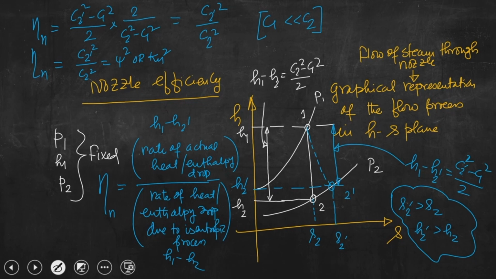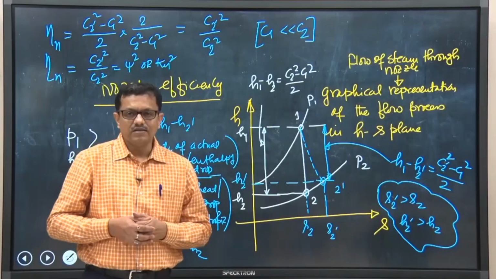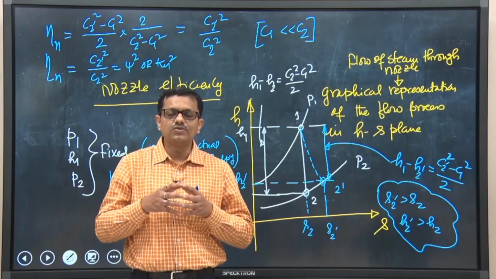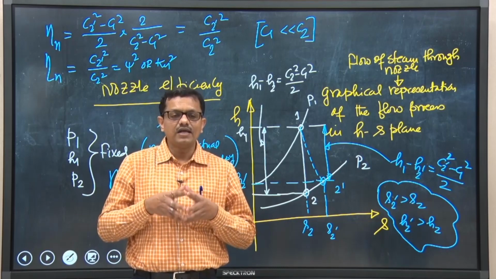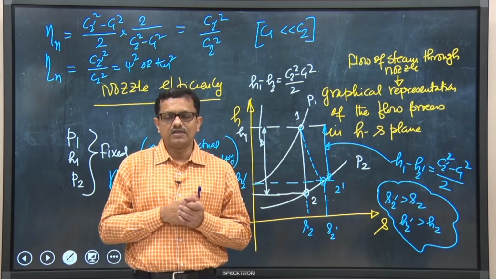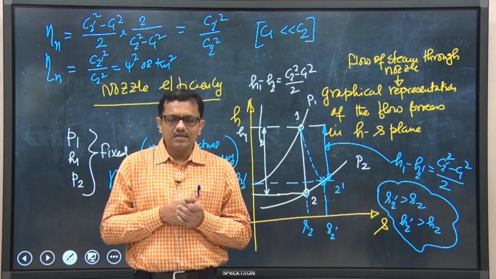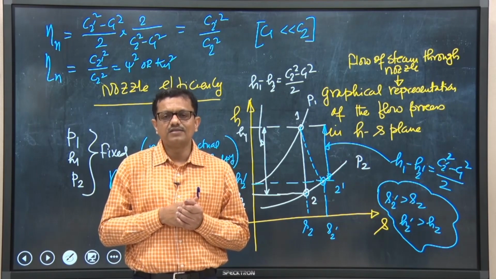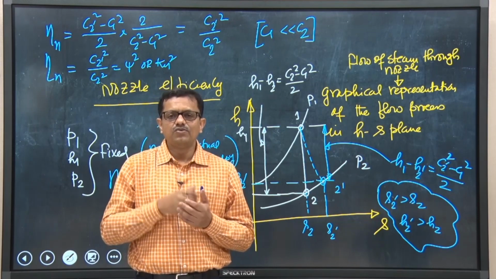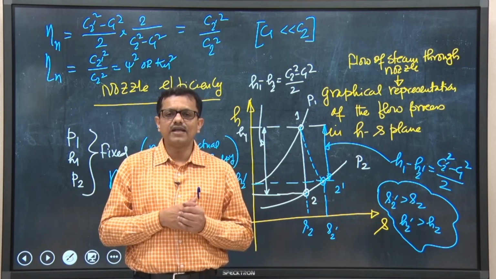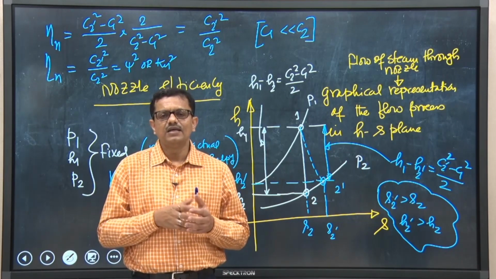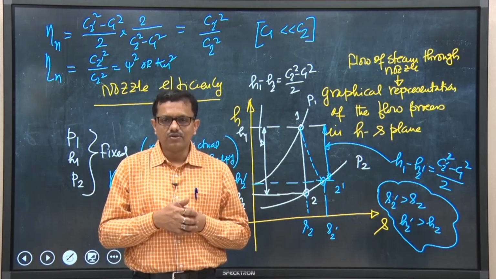So, if we try to summarize today's discussion, we have discussed nozzle efficiency. First, we discussed why this particular aspect comes into the picture. Since the nozzle is a mechanical device with a flow of steam, to model the flow we had assumed that the process can be described by an isentropic process, but in reality the frictional effect cannot be ignored.